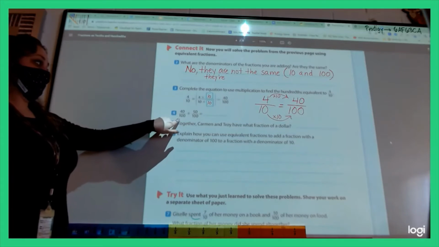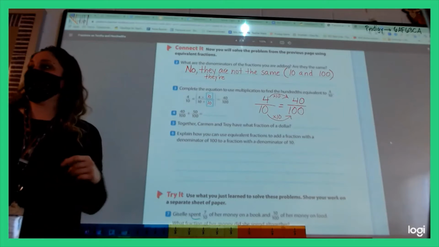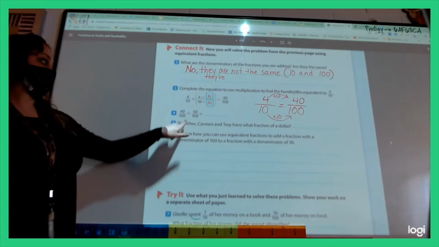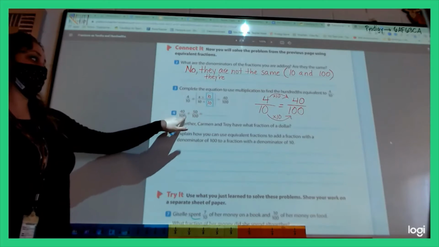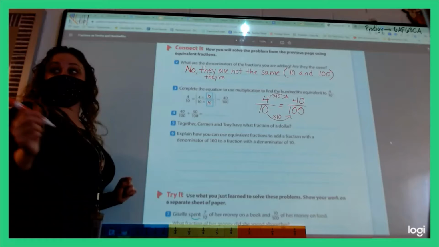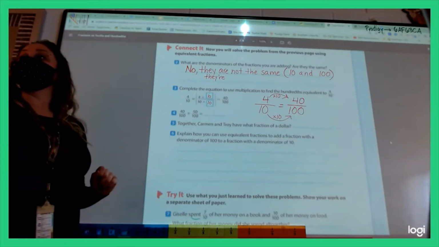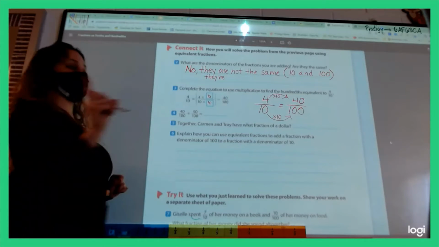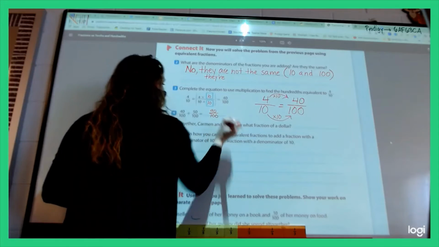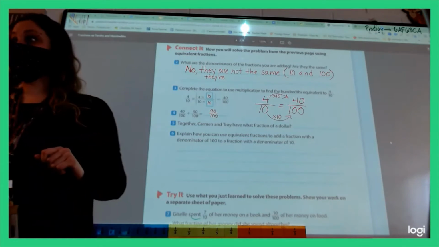So now, if we have a common denominator, can we add up to see how much of a dollar we've got? Sure thing. All right, Hayden, what would I get if I add 40 hundredths plus 50 hundredths? 90 hundredths. Okay, you don't have to say 100. 90 hundredths. Nice job. Questions so far?